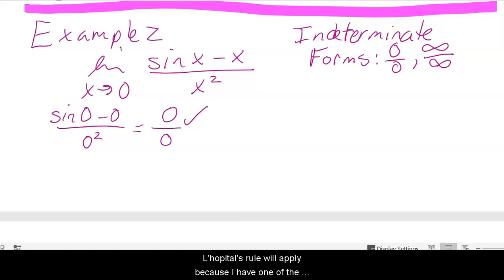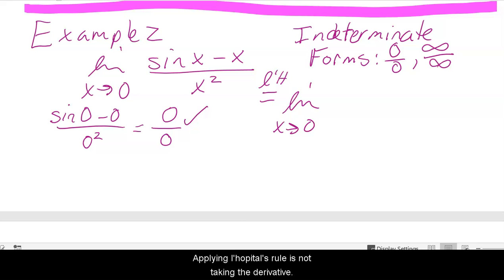L'Hopital's rule will apply because I have one of the basic indeterminate forms and the numerator and denominator are both differentiable near 0. Now I can apply L'Hopital's rule. I'll put in equals with an l'H over the equals to indicate that I have used L'Hopital's rule. Applying L'Hopital's rule is not taking the derivative.